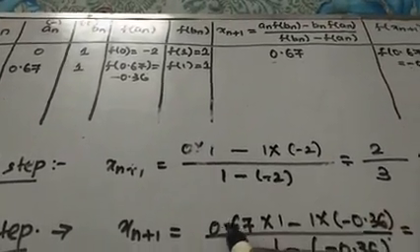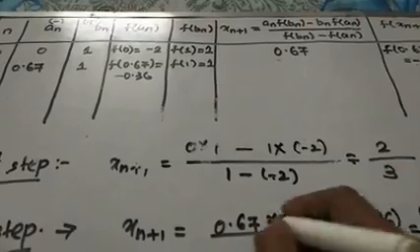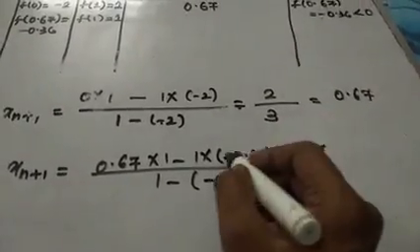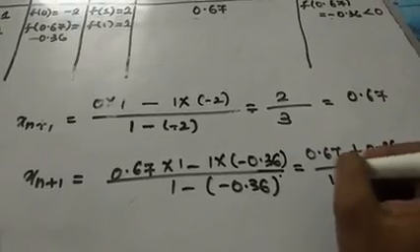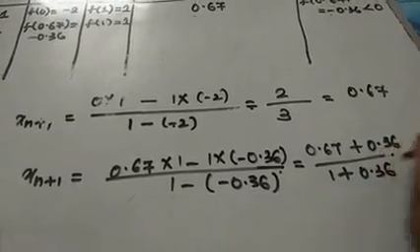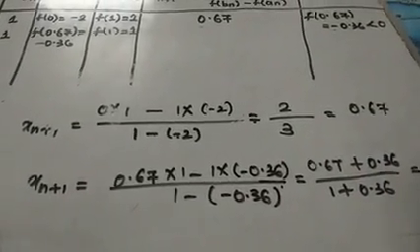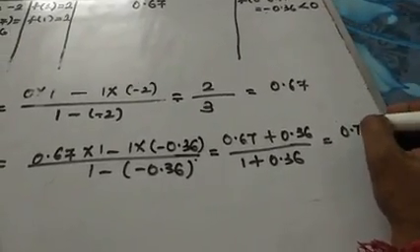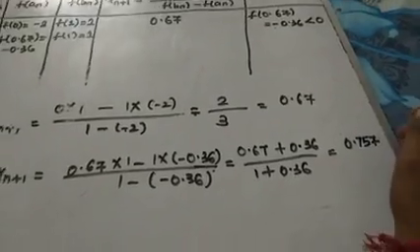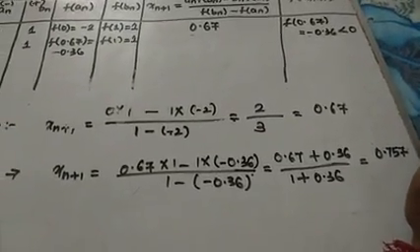So here 0.67 into 1 is 0.67, minus minus, that is plus 0.36, and here 1 minus minus, plus 0.36. If you add and divide, you will get 0.757. So that is the xn value for the second step.